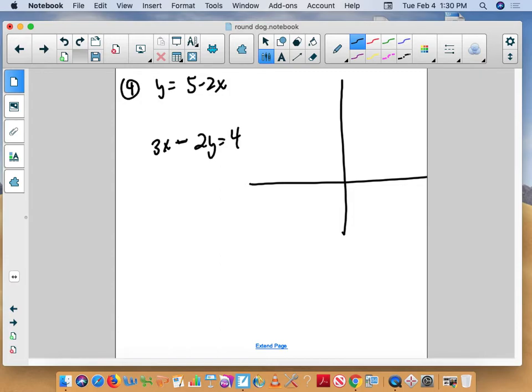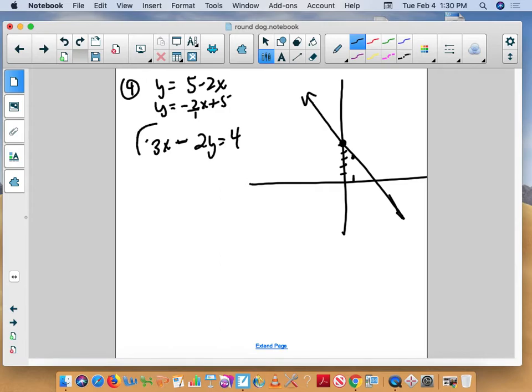You could do other things if you know them. Girls, how do I want to write this first one? I don't want it to say 5 minus 2x. I think you could adapt, but wouldn't I rather it say negative 2x plus 5? What's my y-intercept? 5, and then I'm going to go down 2 and over 1. With graph paper, you would definitely draw the straightest line you could.